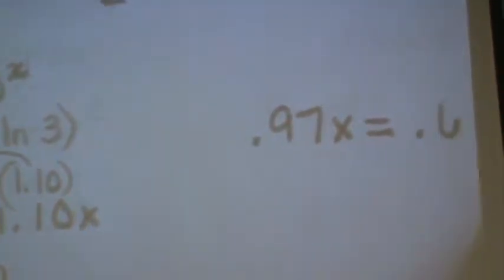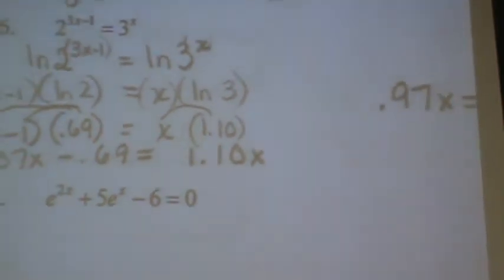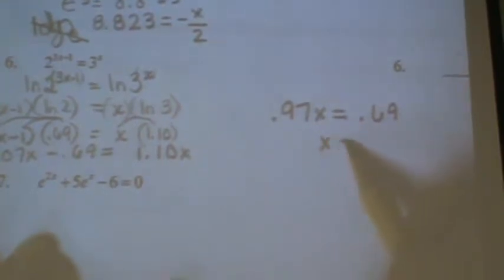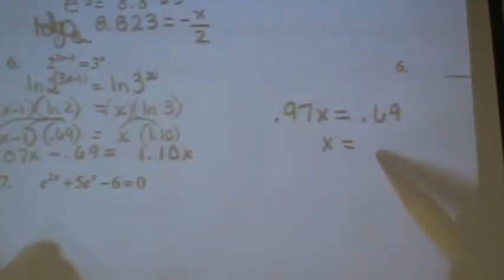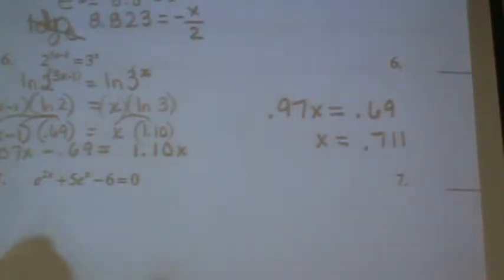Wait, can you go back to that? How'd you get 0.97?